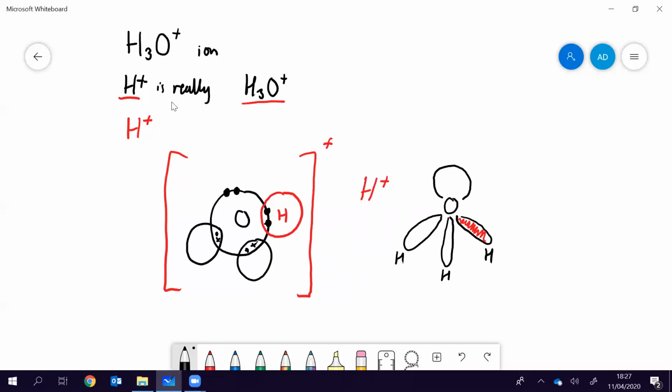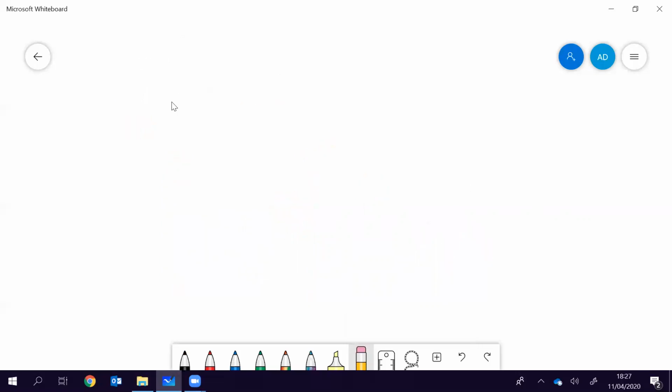I think now we'll have a little look about how the ammonium ion actually forms with water. So if you get ammonia gas, ammonia is very soluble. It's a gas, very soluble in water, and it reacts with water.